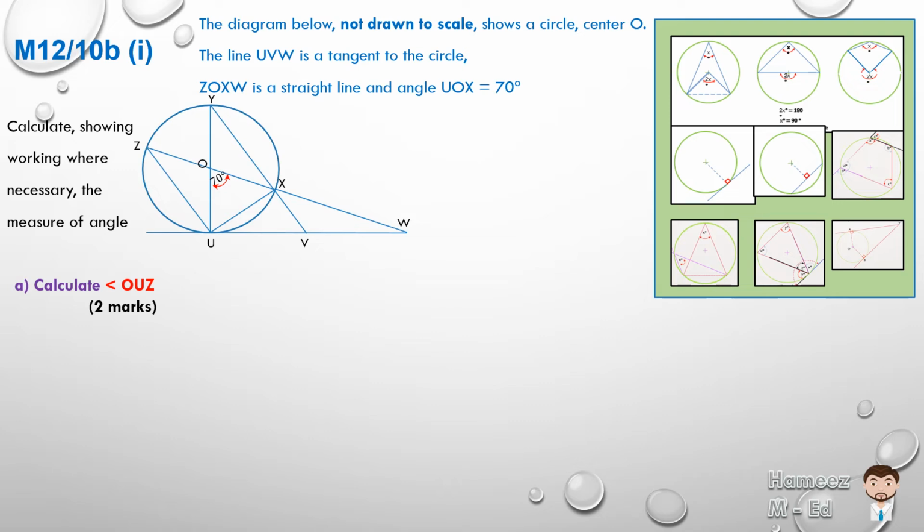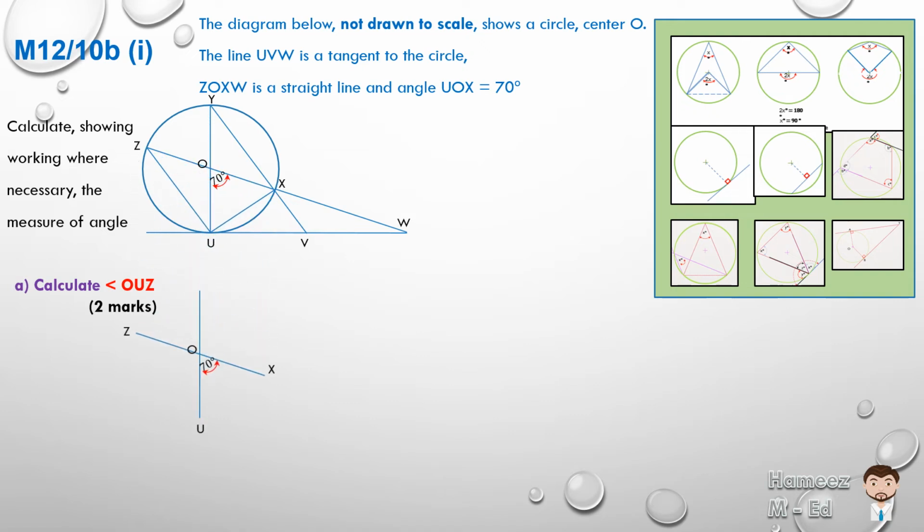Now if we take a look at that triangle, we don't have any angles inside of it. So let's see if we could find one of those. Since we know the 70 degrees is given to us from the diagram, we should be able to find out the angle on the left of it, angle ZOU, because when you add those two angles, they give you a straight line.